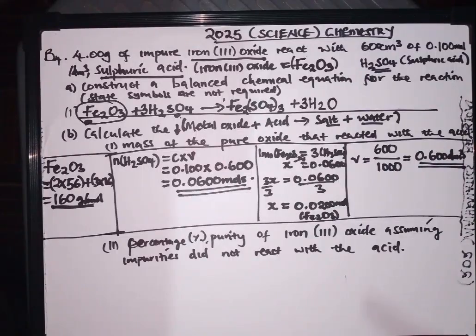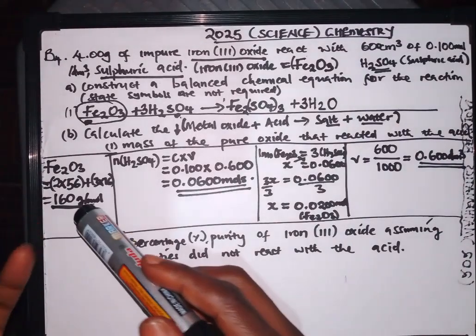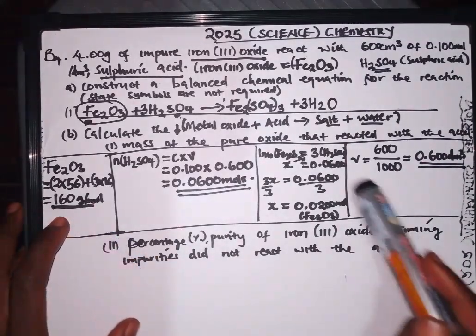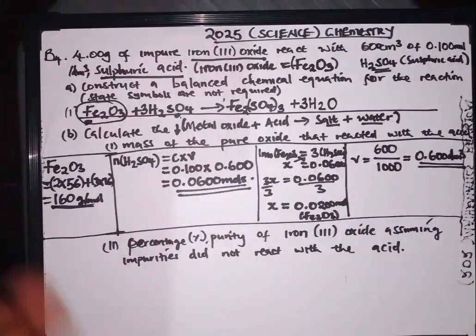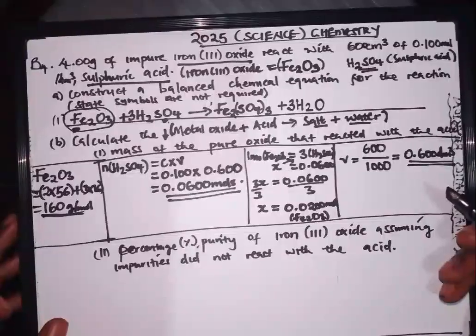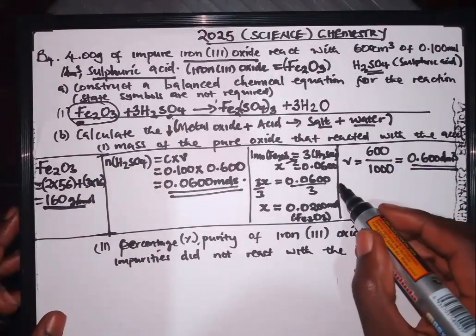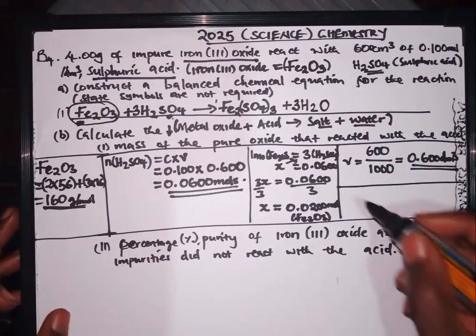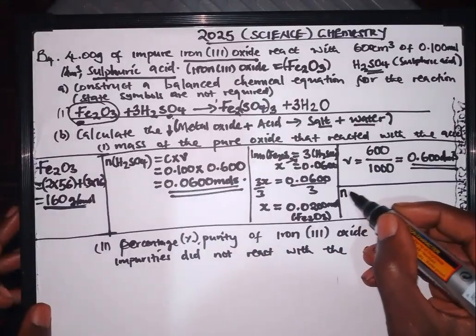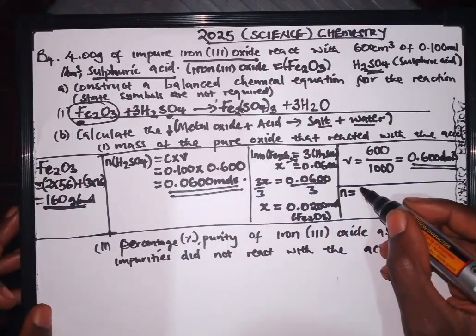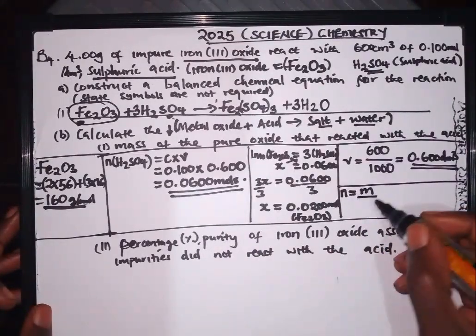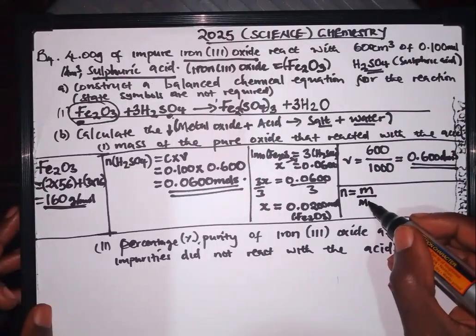So that now we have the molar mass and we also have the number of moles. Finally now we can calculate the mass. So how now do we calculate the mass? So the way we calculate the mass is that we say that number of moles is equals to mass over molar mass.